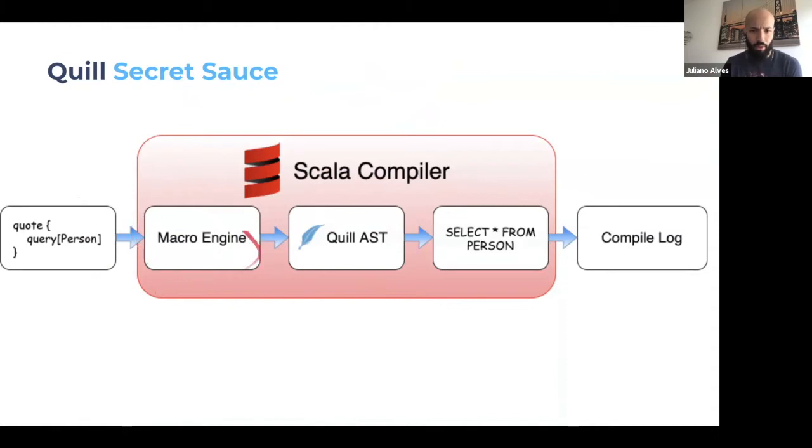So we have a macro engine that will somehow transform that code into something else. It will actually extract that to the Quill AST, obviously, giving the name of the talk, the main topic of this one. This AST will at some point become SQL, and then we'll generate the log for you, right?